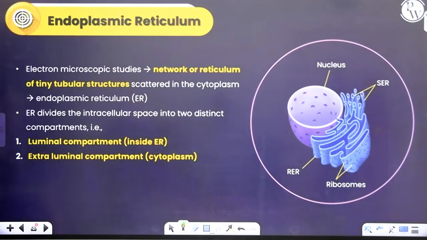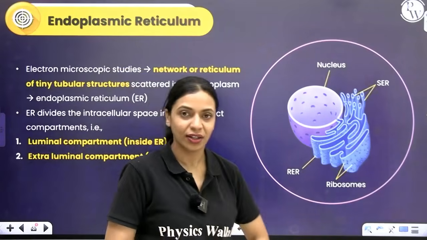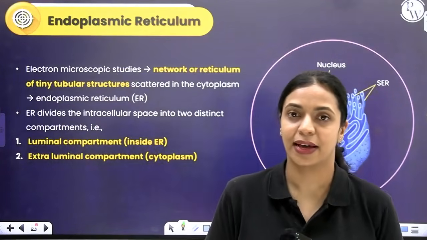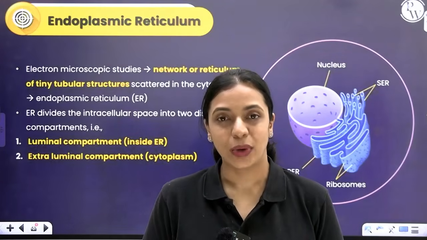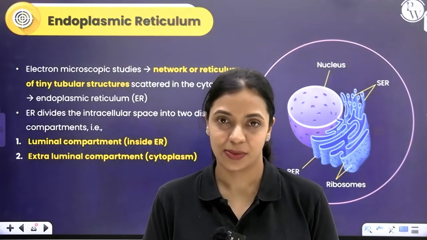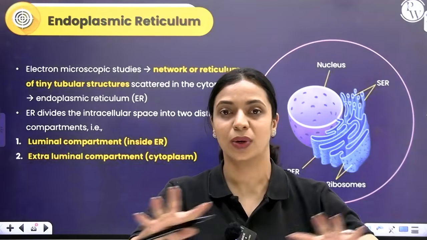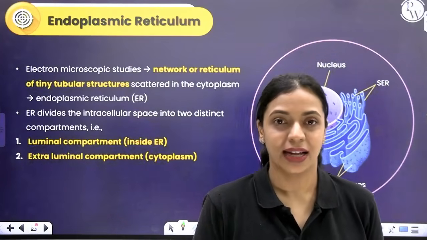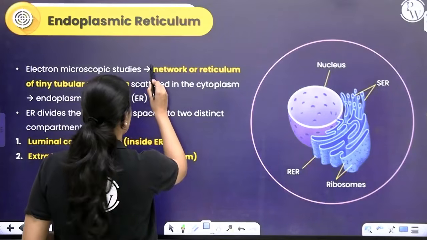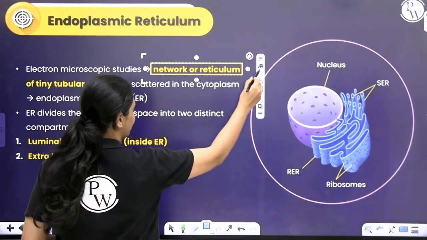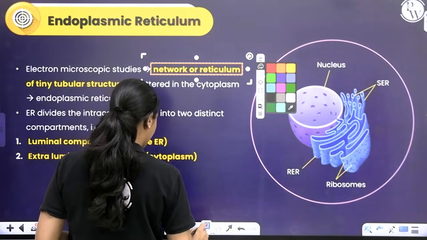Endoplasmic reticulum, endoplasmic means what? Inside the cytoplasm. Reticulum means what? Network. So within the cytoplasm, endoplasmic reticulum forms a network-like structure. That is why we call it the endoplasmic reticulum. Okay, so it is network or reticulum.